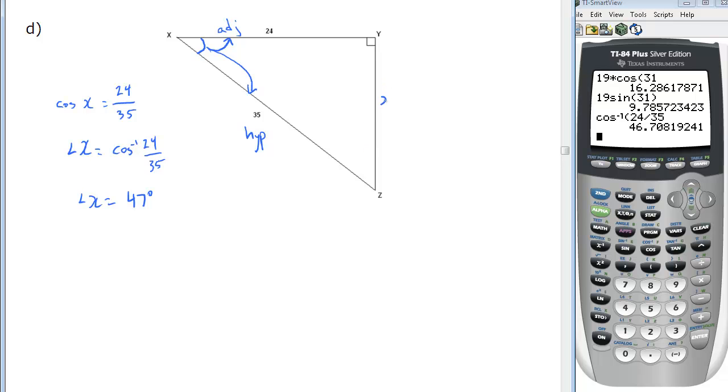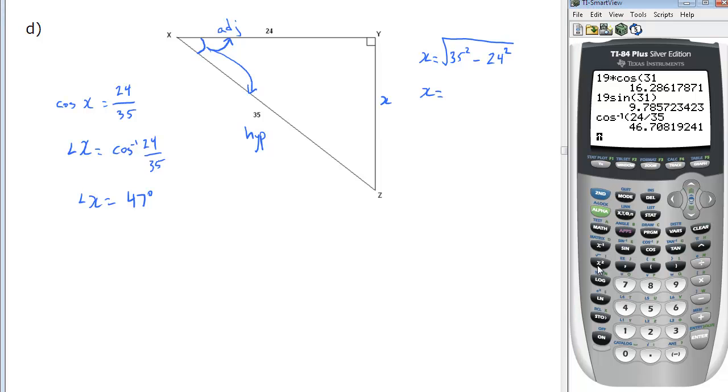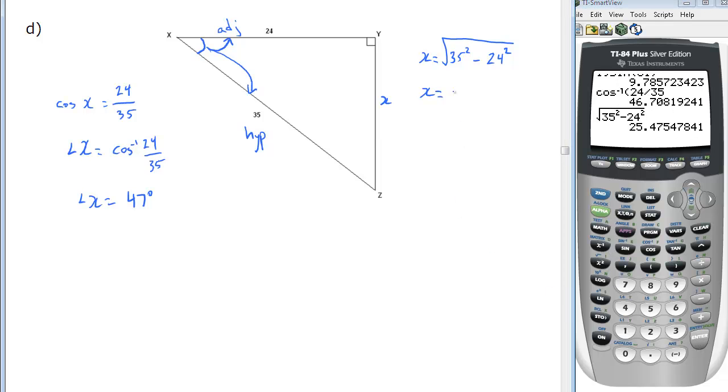So we call this side X. X is going to equal the square root of the hypotenuse squared minus one of the legs squared. So we take the square root then of 35 squared minus 24 squared, and that tells us the answer is 25, rounded to two significant digits.